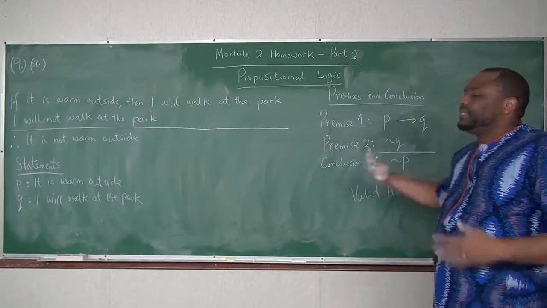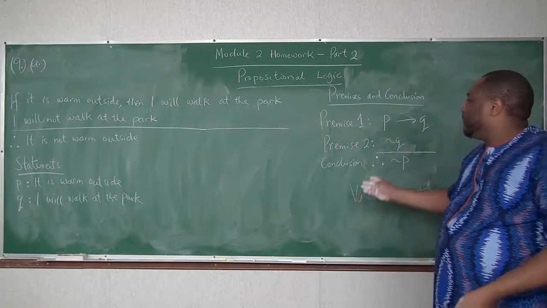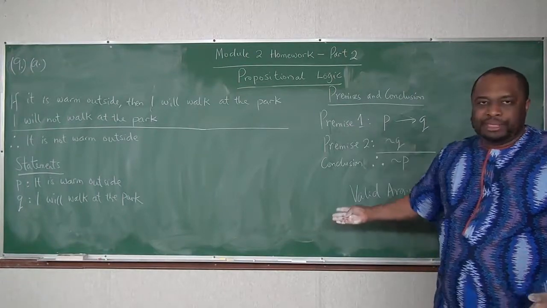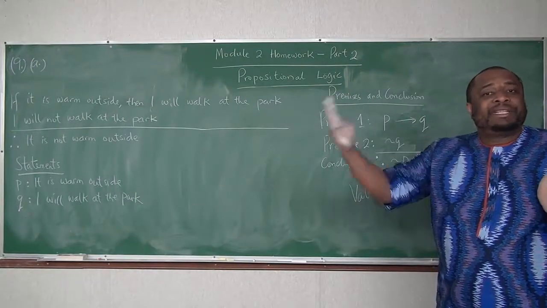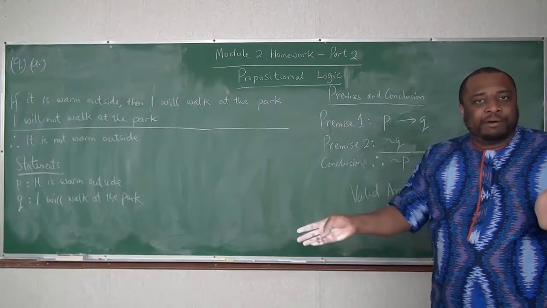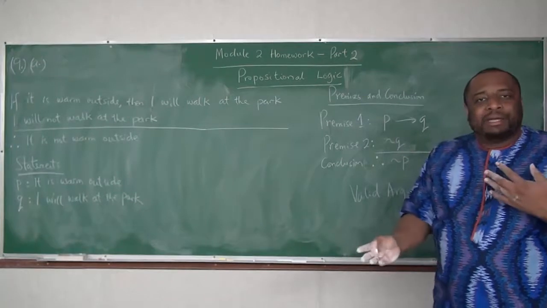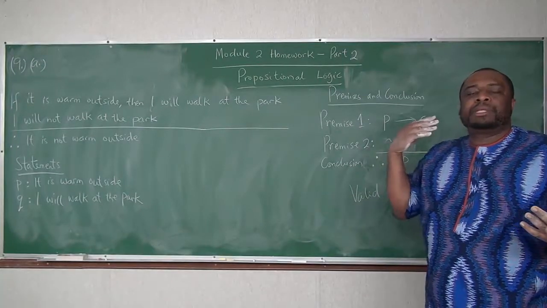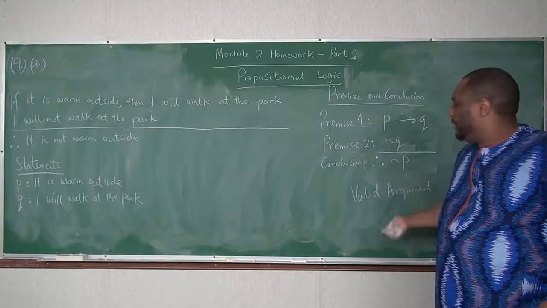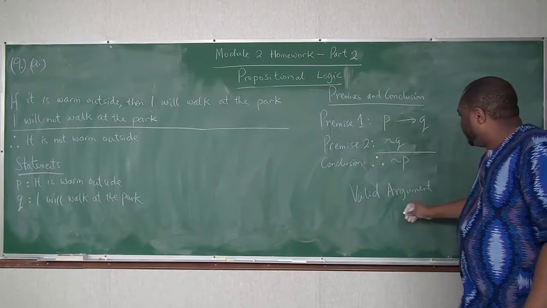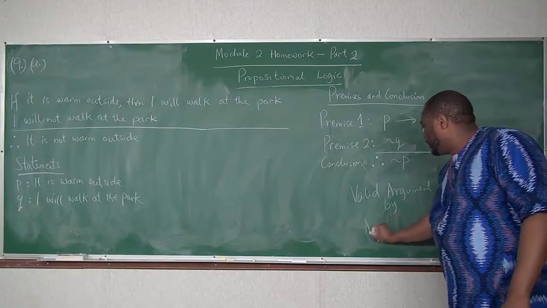But to save time in this video, whenever you write the symbolic argument, the premises and the conclusion, if it resembles any of the standard forms of valid arguments or the standard forms of invalid arguments, go ahead and say it. So this is a valid argument by modus tollens.